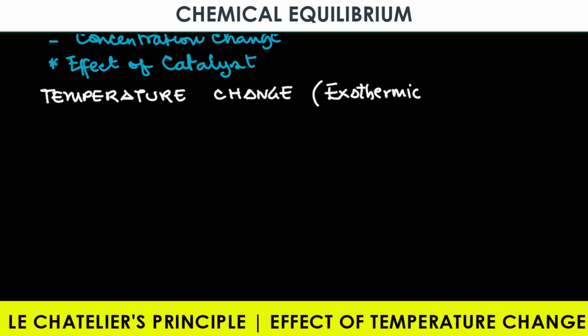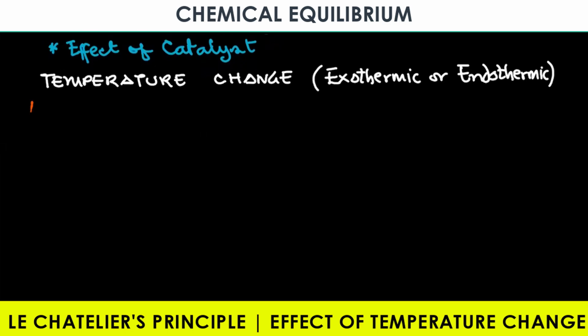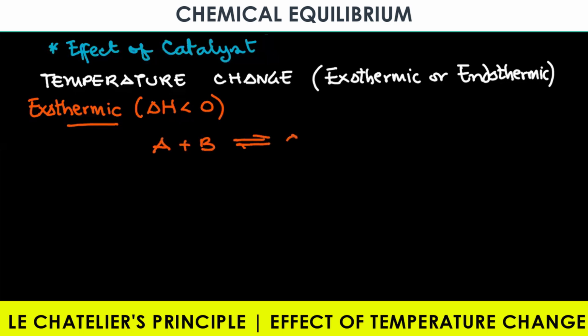For an exothermic reaction, delta H is less than 0. That's negative, right? So let's consider a hypothetical reaction. A plus B giving us C. That is an exothermic reaction.